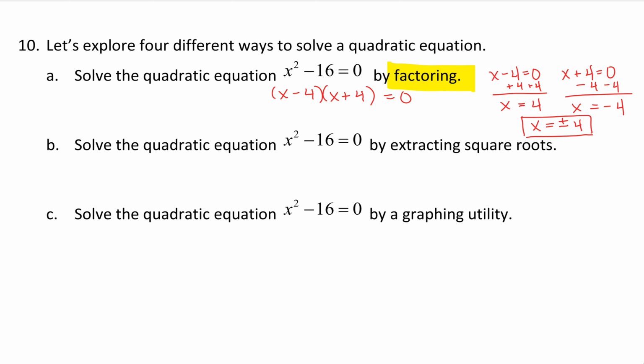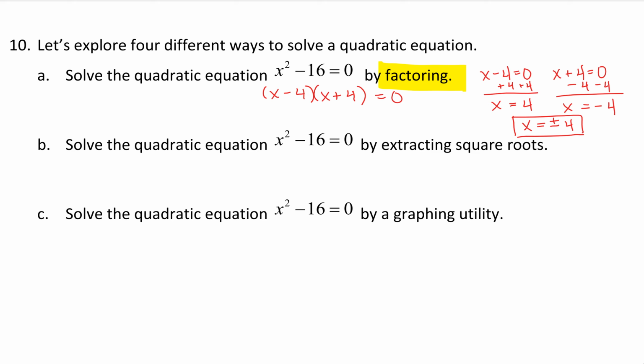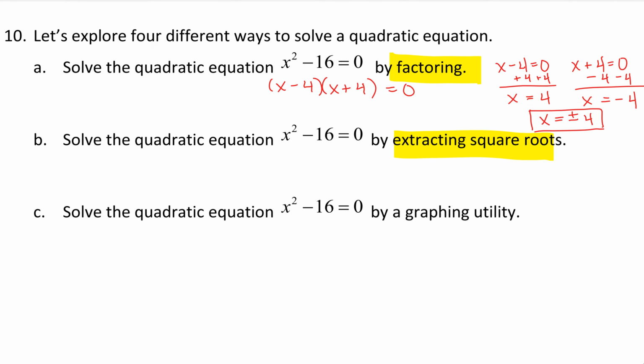Now, part B, it says solve the quadratic equation by extracting the square roots. Well, what in the world does that mean? It means I'm going to solve by good old square roots. So extracting the square root. To solve this equation, I'm going to add 16 to both sides, so that I get x squared is equal to 16.